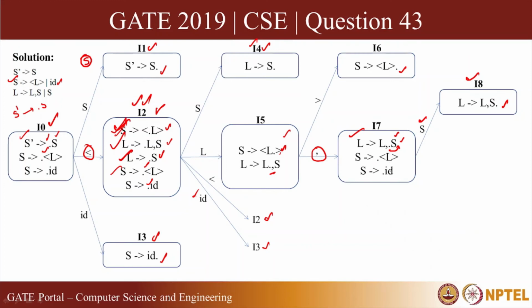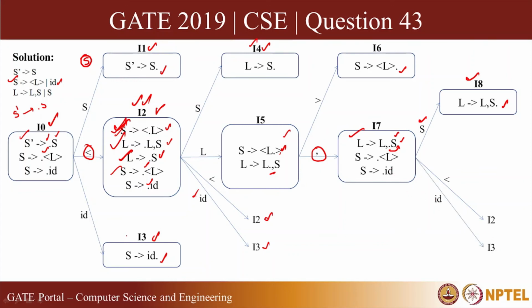For the other things, if we parse using the less than sign, our dot will go after that and we'll get again the same thing as I2. For simplicity, I have written I2; there will be a direct line from I7 to I2. Same goes if we parse by ID itself, then it will go to I3.